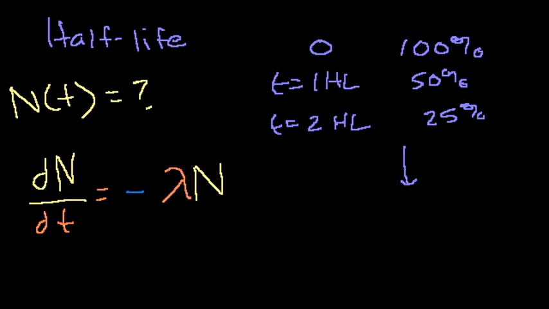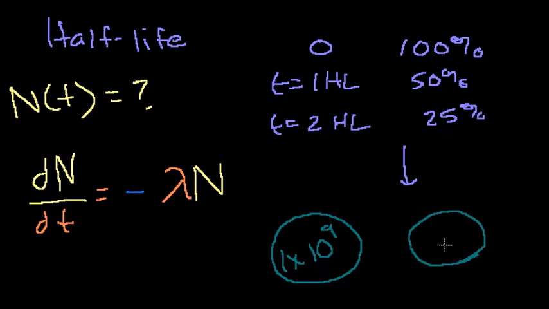And just to maybe make that a little bit more intuitive, imagine a situation where you have 1 times 10 to the 9th, a billion carbon atoms. And let's say over here you have 1 times 10 to the 6th carbon atoms. If you look at it over some small period of time, let's say 1 second, let's say our dt is an infinitesimally small time, but let's say it's a delta t.